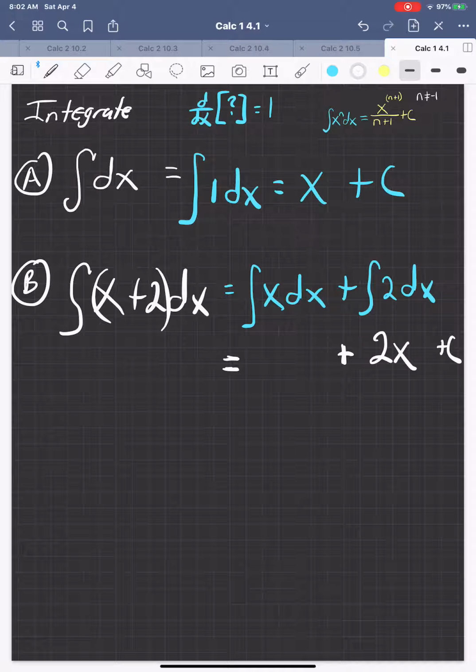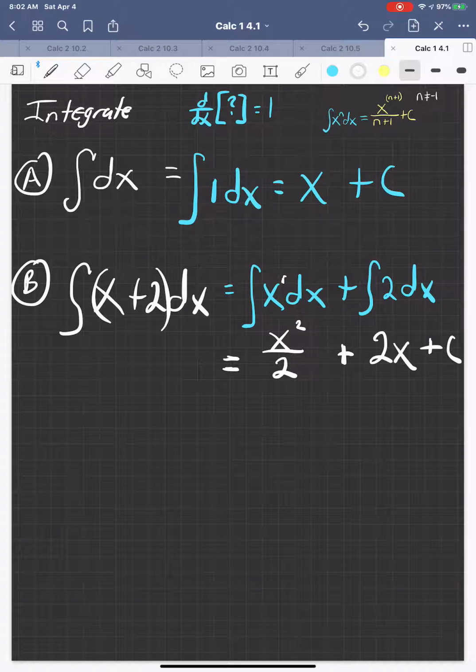That part's easy. Everything else is good, and of course, in this case, n would equal 1. So x to the n plus 1 over n plus 1 ends up being x squared over 2, or 1/2 of x squared.